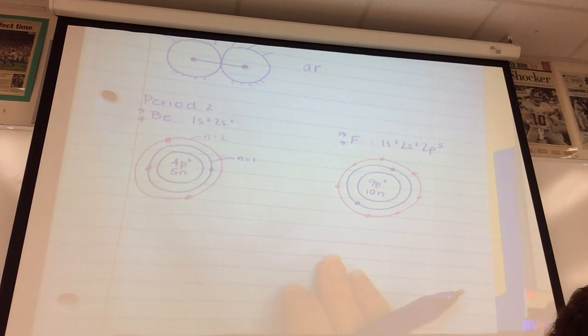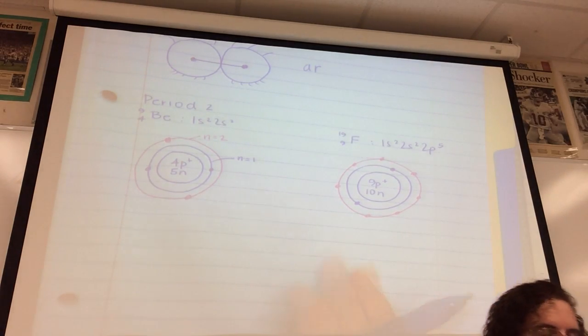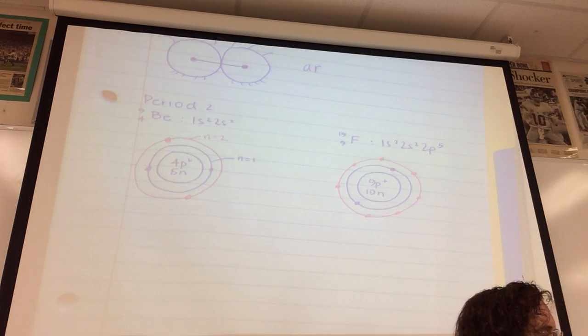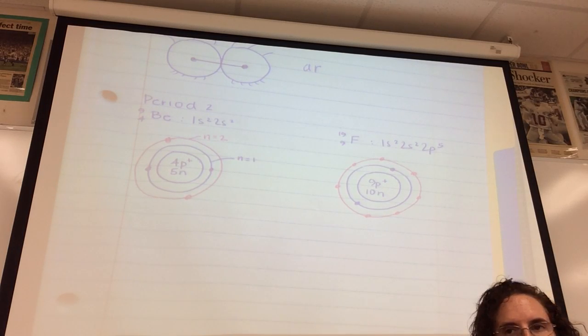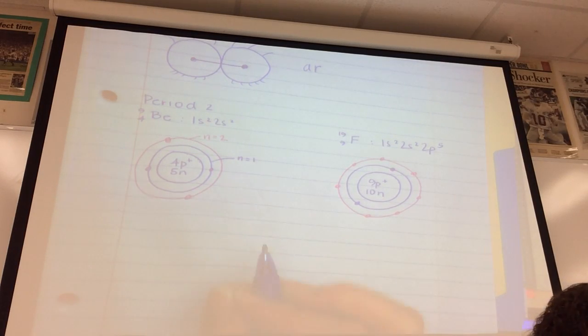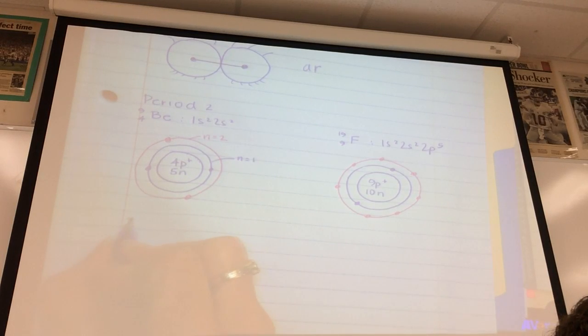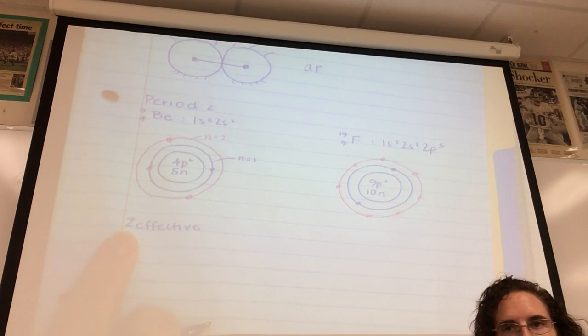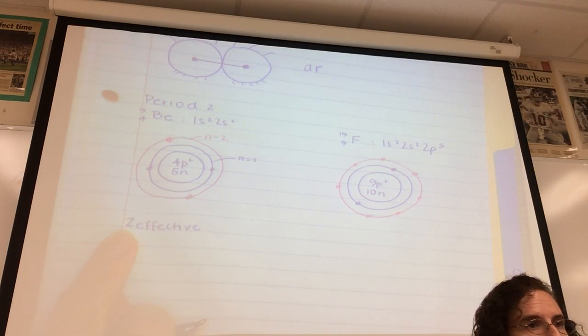Valence, tomato, tomato. Okay. The effective nuclear charge, also sometimes called core charge, will increase as you go across the periodic table. The effective nuclear charge is abbreviated Z effective because Z represents the atomic number, which is equal to the number of protons.